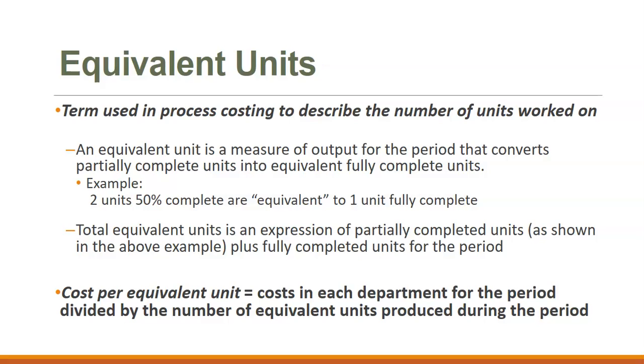It's an expression of partially completed units shown as the number of fully completed units their complete percentage of completion would allow for. We then apply the cost for that period to the equivalent number of units produced during that period.